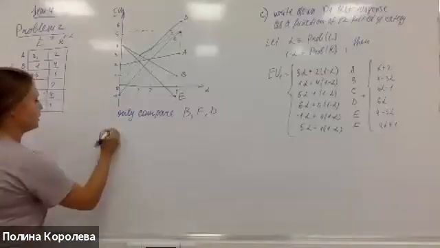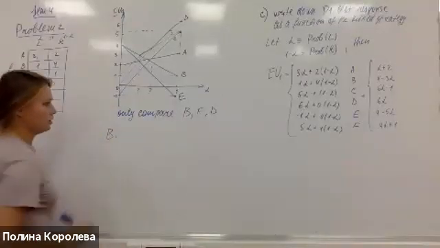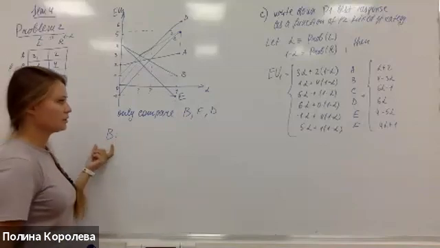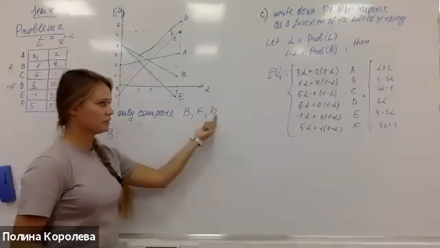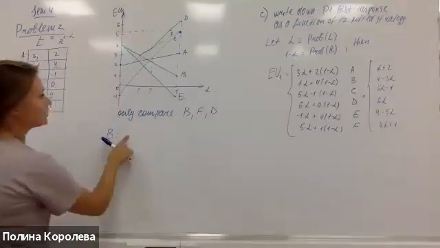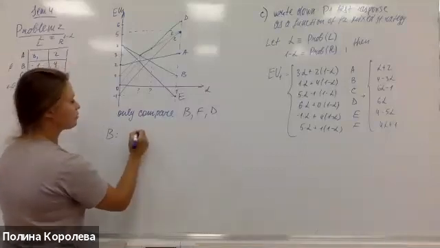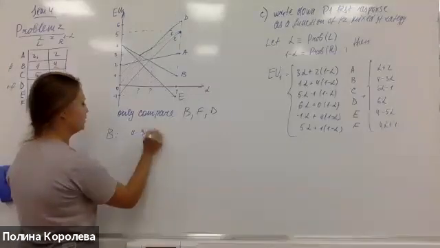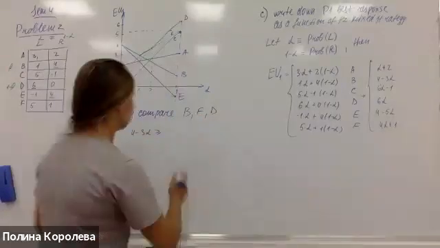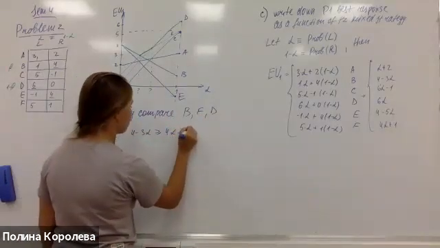So, we will choose B when expected utility from B is bigger than from F and at the same time from D. Let's write it down. From B, 4 minus 3 alpha greater or equal to from F, 4 alpha plus 1.